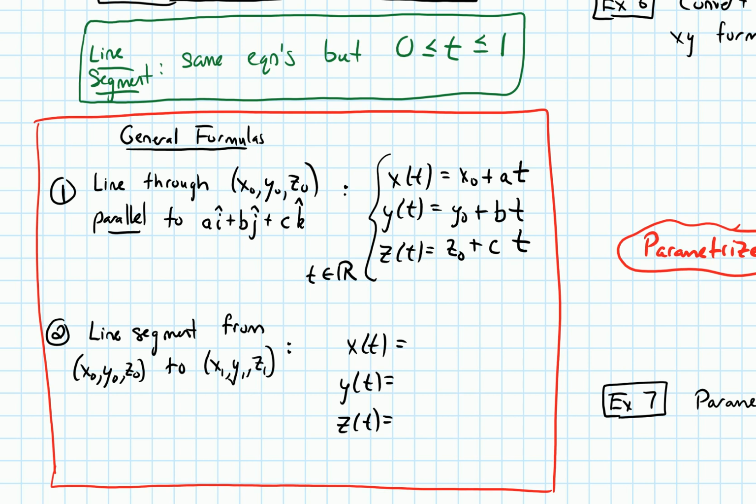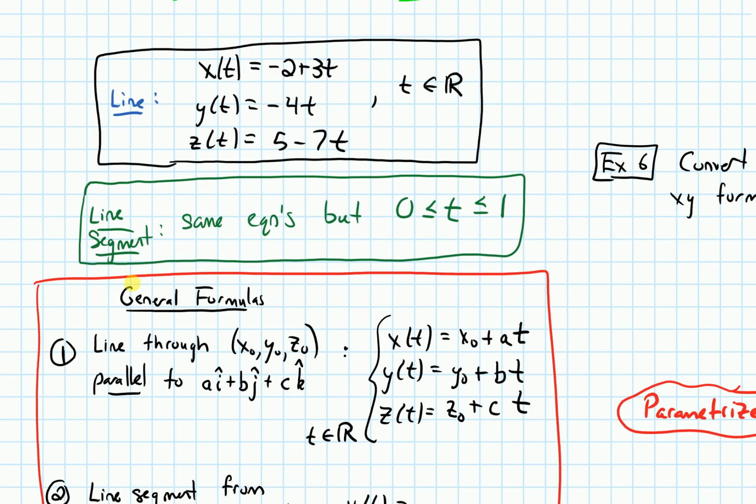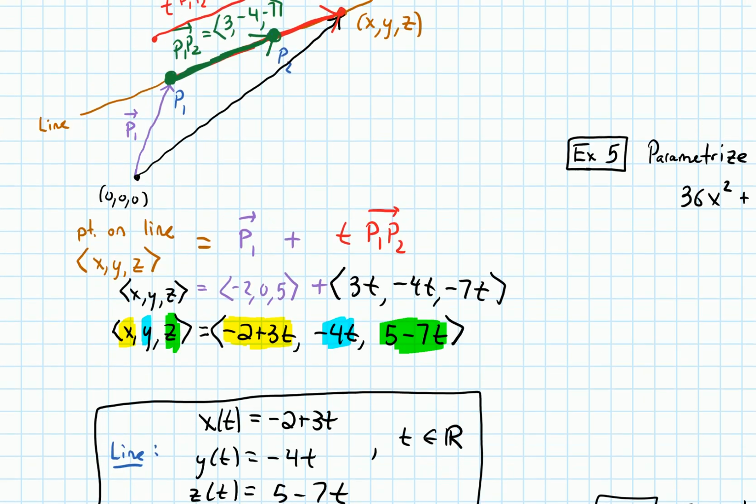So in short, each of these parametric equations contains the coordinate of a point that the line goes through. So x of t contains the x coordinate, x naught. y of t contains the y coordinate, y naught, and so on. And then plus something times t, where that something is the component that showed up in the vector that it's parallel to. Even in our picture above, that was happening.